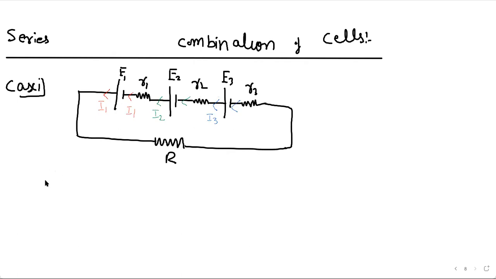So the EMF of all the cells will get added up. Equivalent EMF E will be the sum of EMF of individual cells, E1, E2, E3. That's the equivalent EMF.